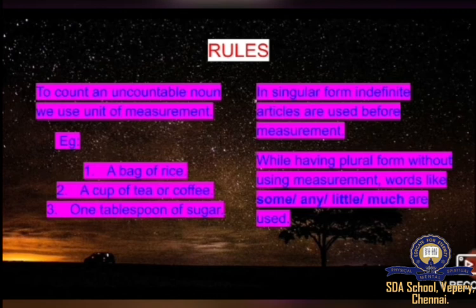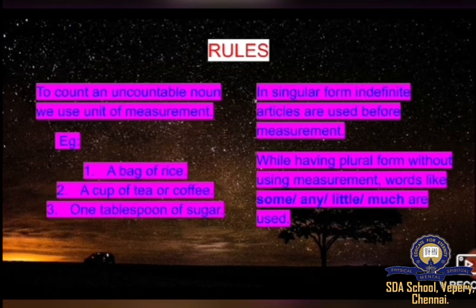So when they are in singular form, you put an indefinite article before the measurement. And when they are in plural form, we use words like some, any, or little or much without using the measurement. So these are the 2 rules. Basically, uncountable nouns cannot be counted, but they can be measured with the use of unit of measurement.